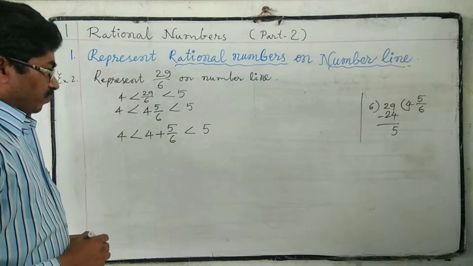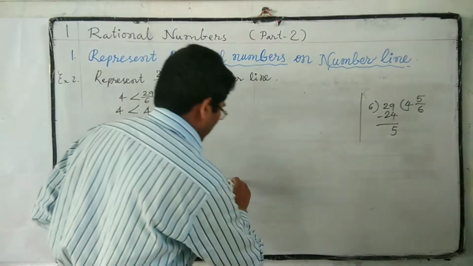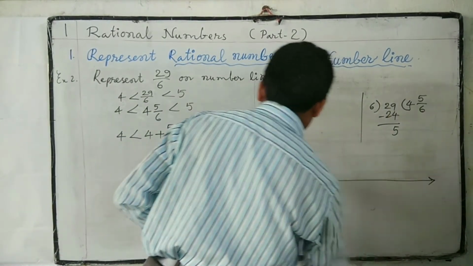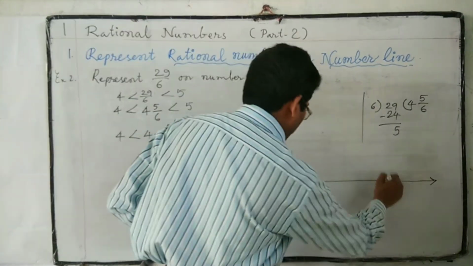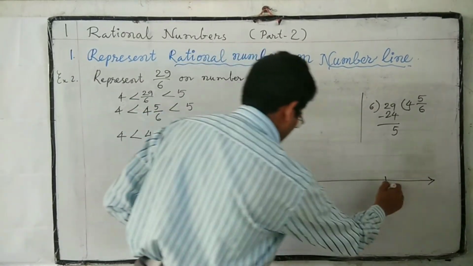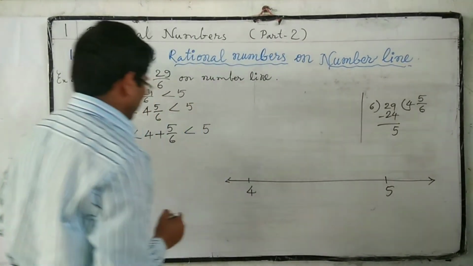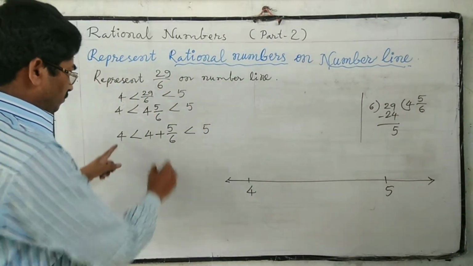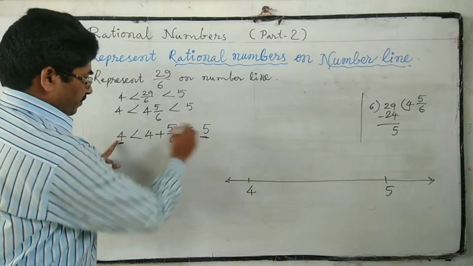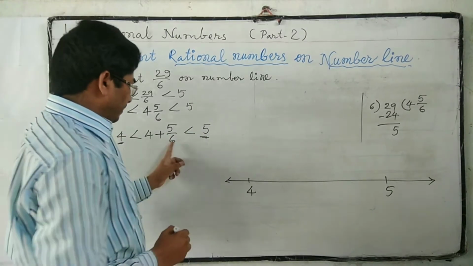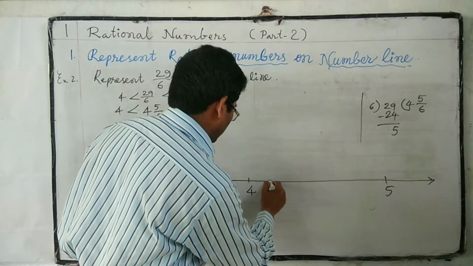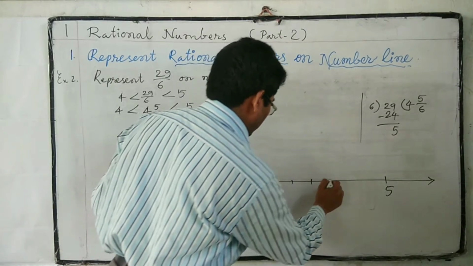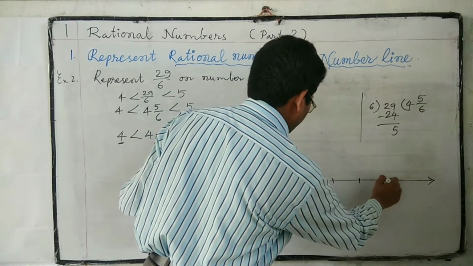That's why we have to draw a number line taking 4 and 5. This is the 4, this is the 5, and divide it into 6 equal parts: 1, 2, 3, 4, 5, 6.